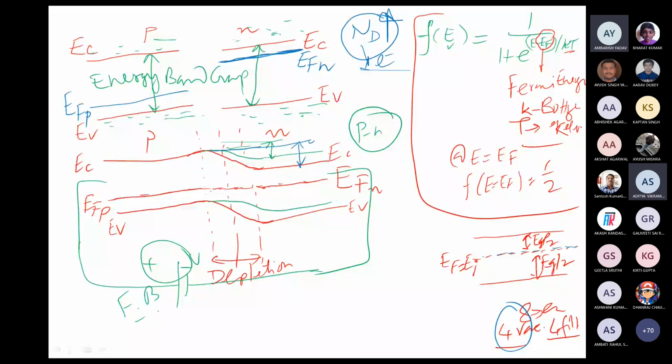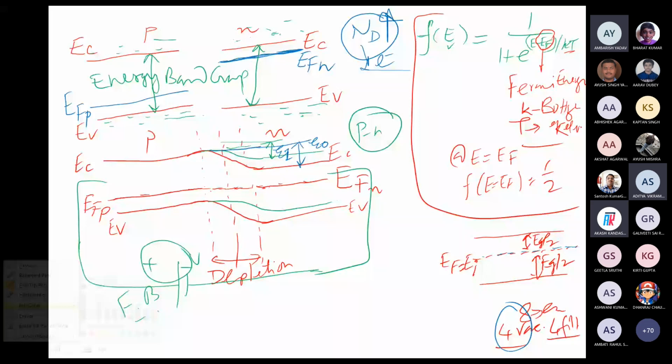Okay, so this is E naught, E1. So potential barrier is going to change here, reduce because of the forward bias. Similarly, if we apply reverse bias, then we will see that this potential barrier is going to increase. Okay, because of here something like this.